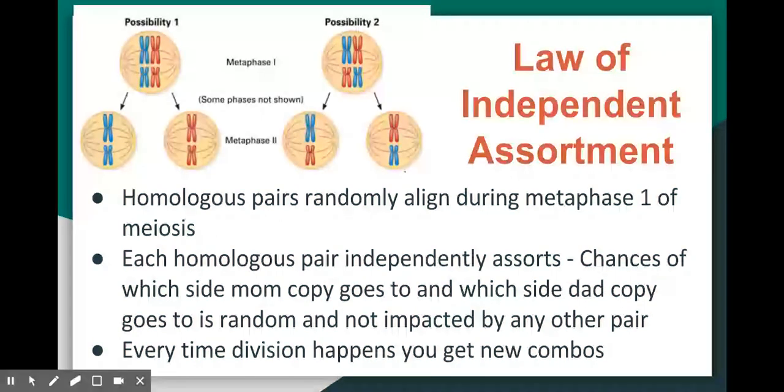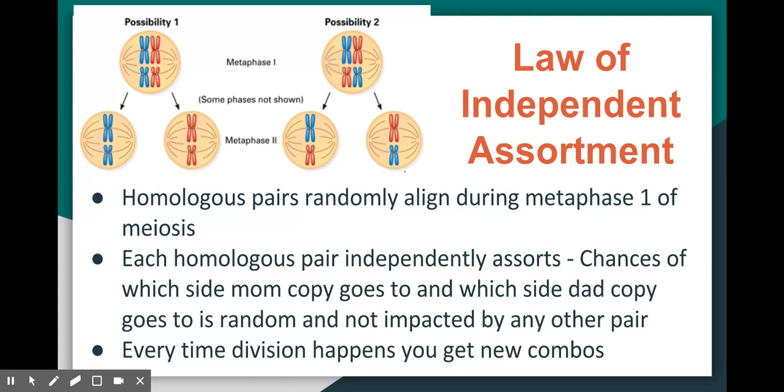Equal possibility. Now we're only looking at 4 chromosomes here. Remember that with humans, you have 46 chromosomes, which means that for every single one of those 23 pairs, it's equally likely you're going to get the mom or dad version every single time these cells line up to do meiosis, which creates a tremendous amount of variation between the types of gametes, the types of sperm or egg cells, and what combination of genetics is going to end up inside those cells we make.